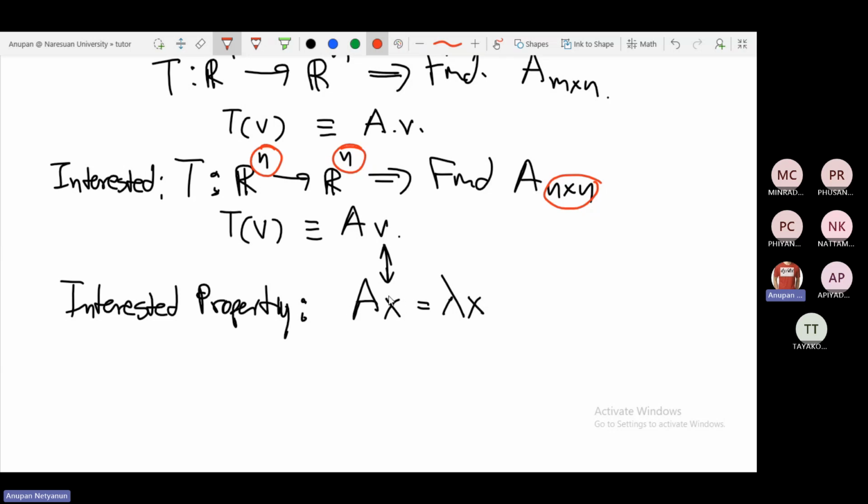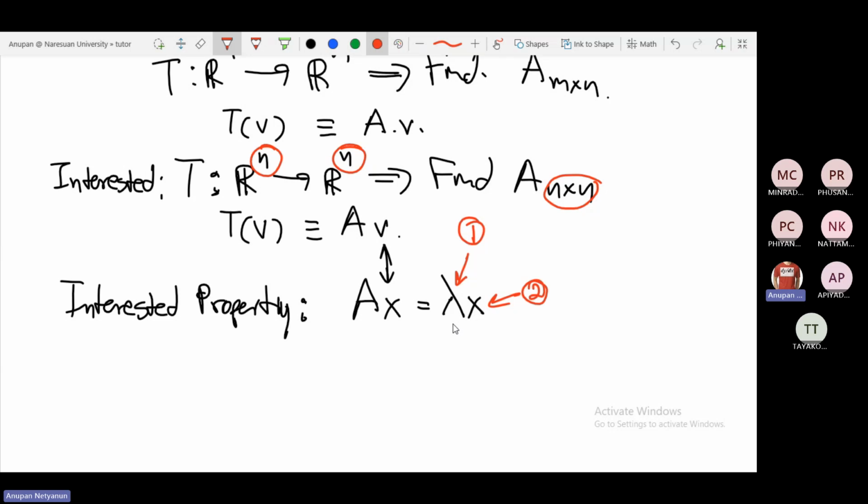We want to find a vector x such that when multiplied to matrix A, you get a constant or a scalar lambda multiplied to x. So first we might want to find this scalar, okay? And second, we want to find all the vectors x that satisfy this property.